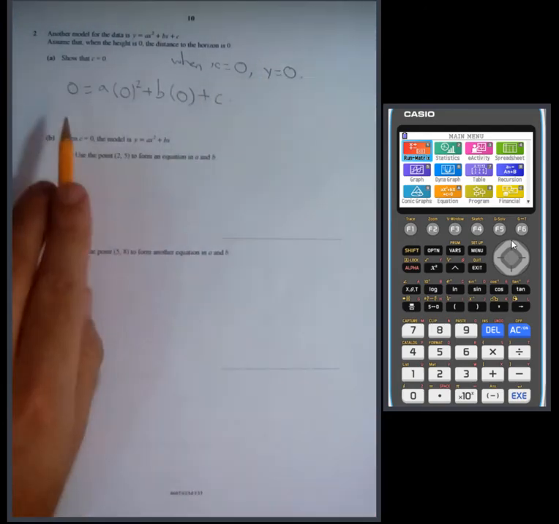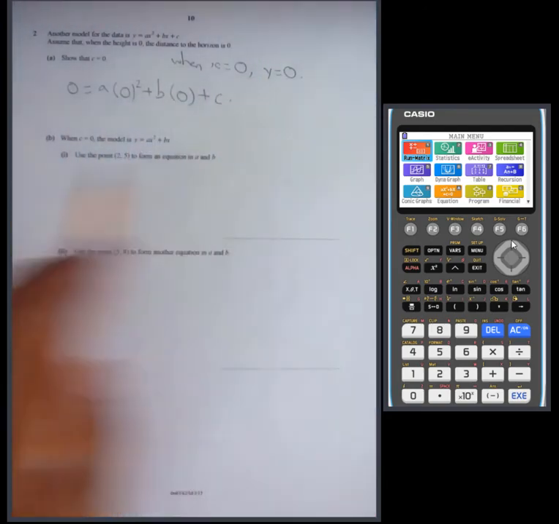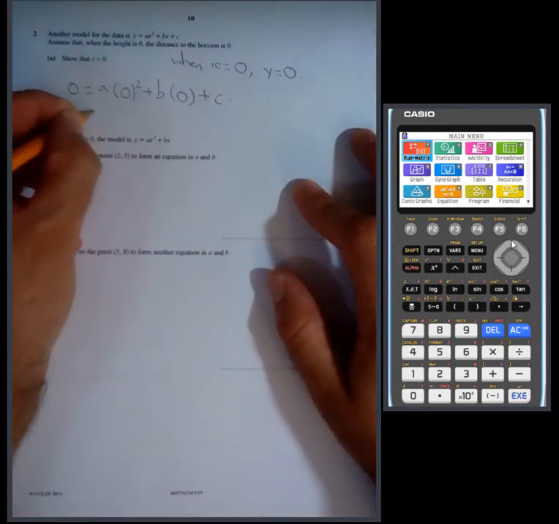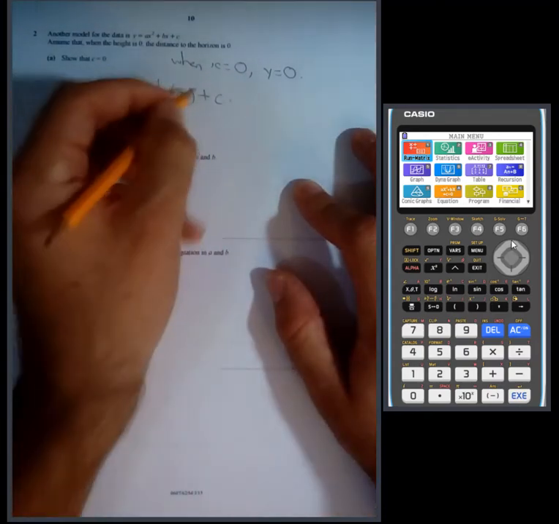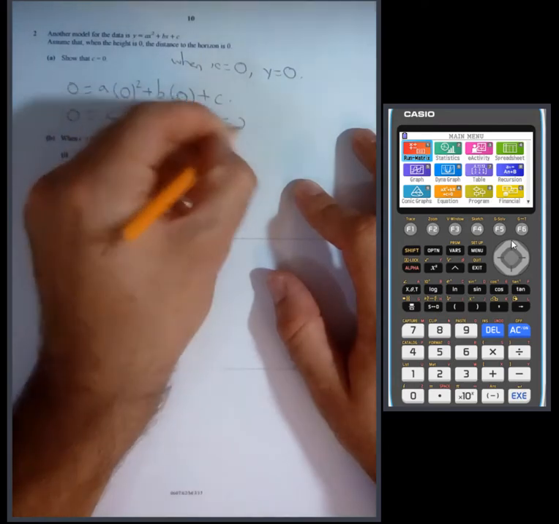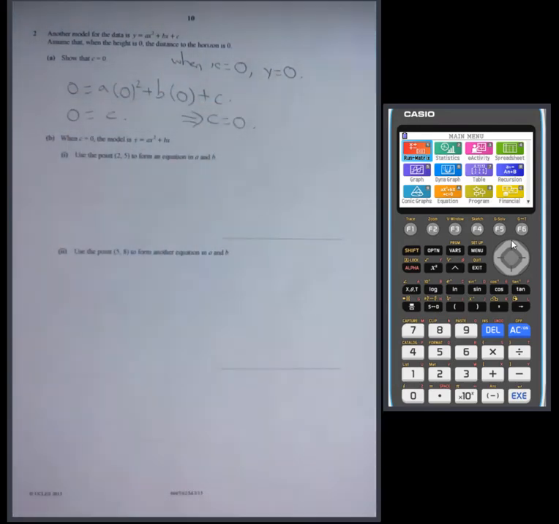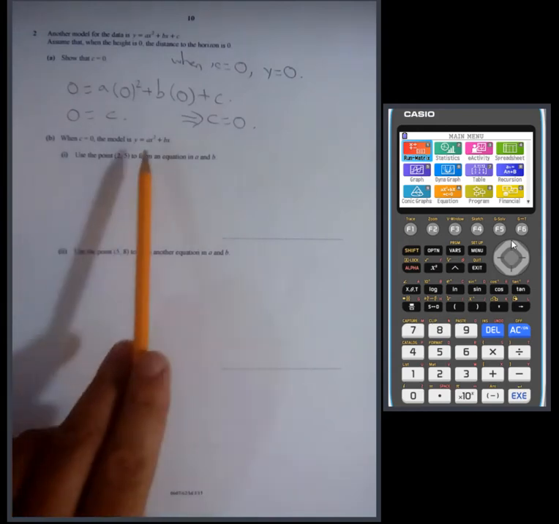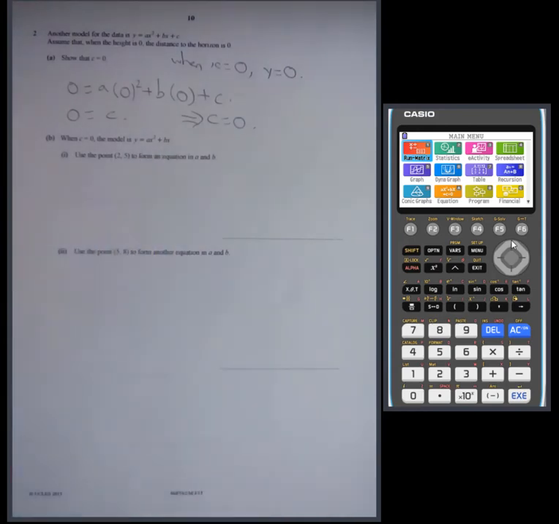So 0 equals 0 plus 0 plus c. 0 equals c. So c equals 0. Show that c equals 0, that is done. When c equals 0, the model becomes y equals ax squared plus bx, because obviously the plus c doesn't make any difference when c is 0.